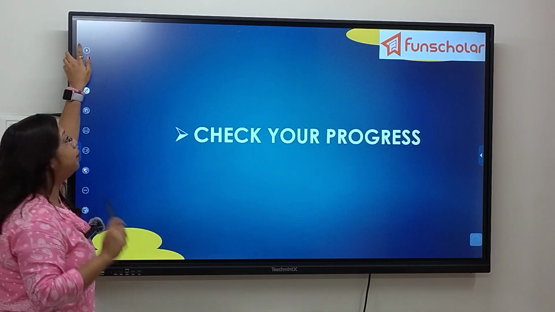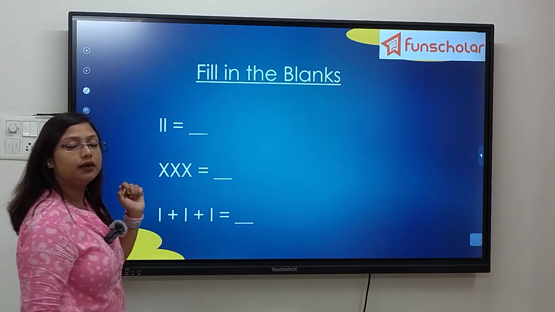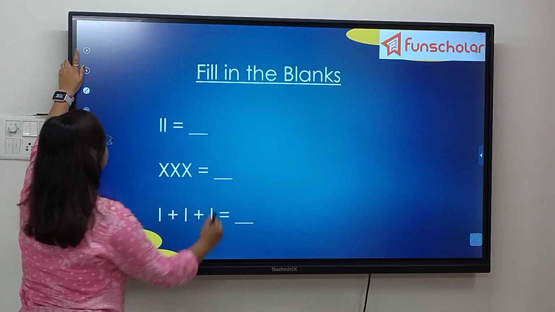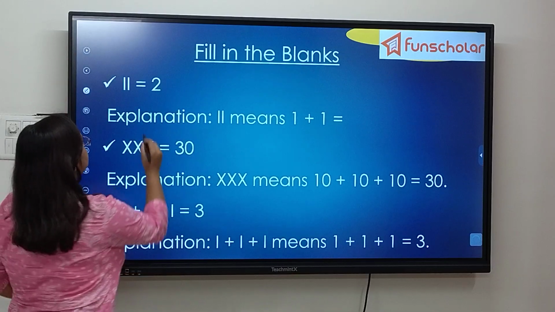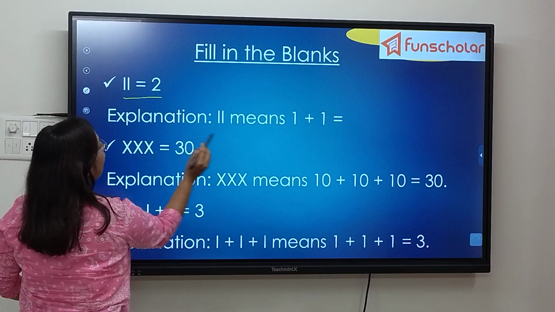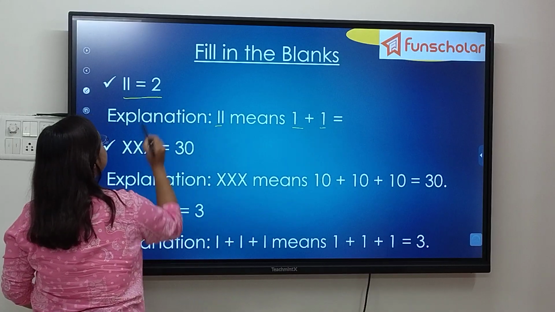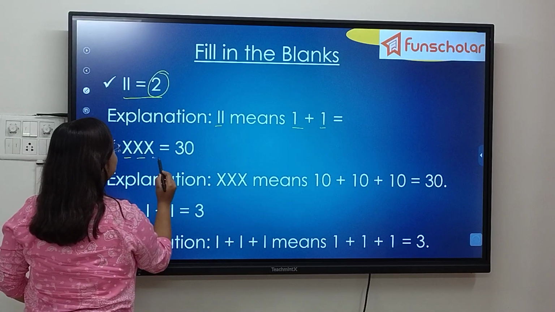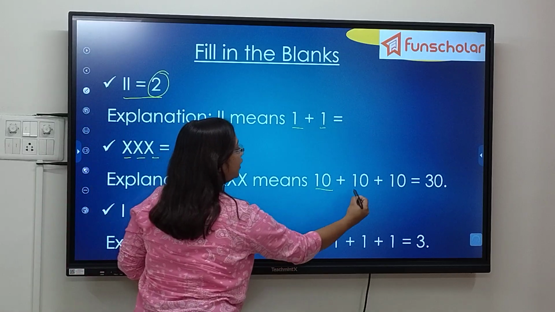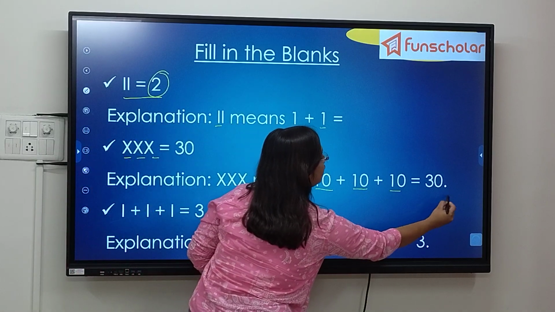Now let's check your progress. Okay, what is it? Anyone? Okay, this is 2. Why is this 2? Because 2 stands for 1 plus 1. We already told you. That's why this is 2. Now 3 times X means one X stands for 10, another X stands for 10, another X stands for 10.